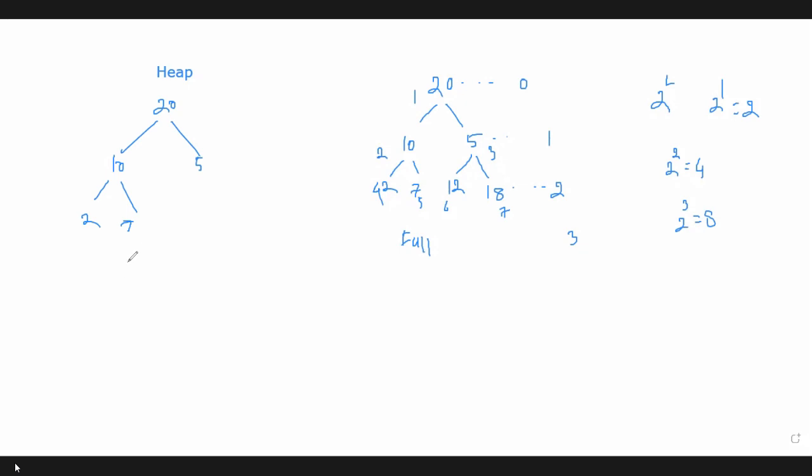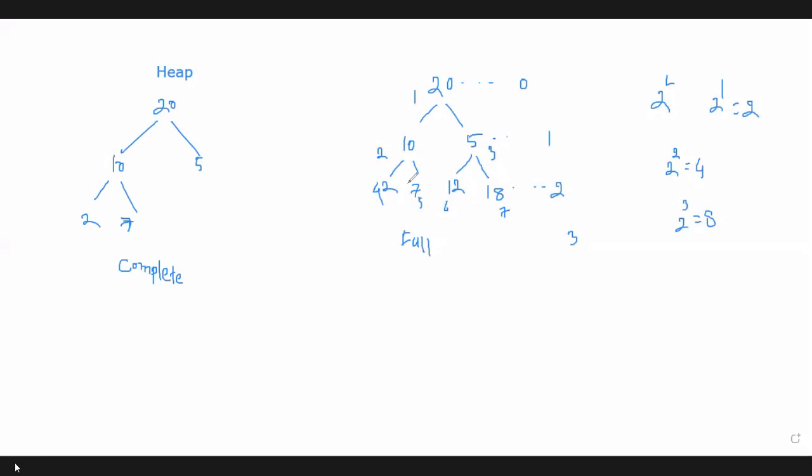No, but we can call it a complete binary tree. Why? Because only the last level is incomplete. This level has exactly 2 to the power L nodes, and the same for the next level. But here, this level is supposed to have 4 nodes, but it has only 2 nodes, and this is the last level of the tree. That's why we can call it a complete binary tree.